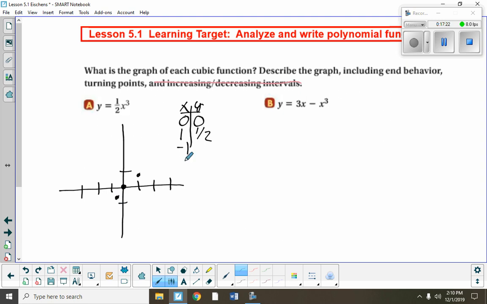If we plugged in, let's say 2, 2 times 2 times 2 is 8, times 1/2 is 4. And if we plug in a -2, that would give us a -8 times 1/2, that would be -4. So it would look like this. And the end behaviors here, we're down on this end, up here, so this is a down, up. So basically an increasing slope. And there are n-1 turning points, so we would say 2 turning points.